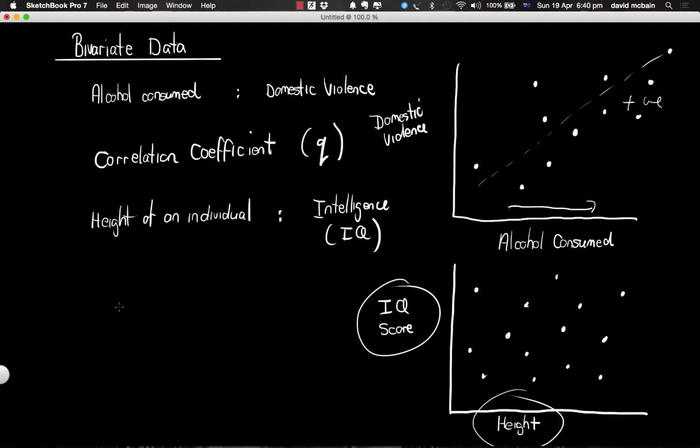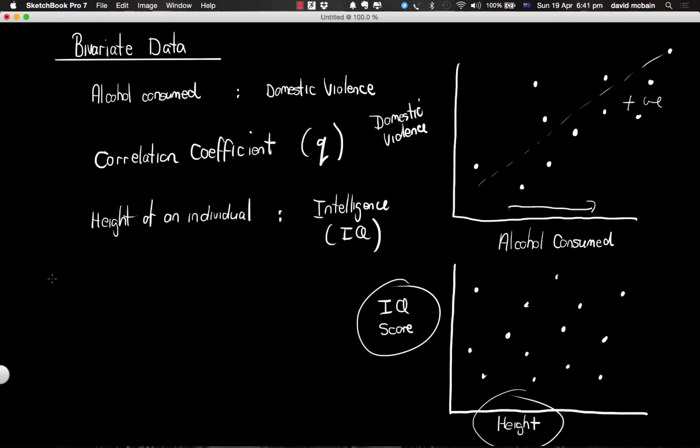We might do a third investigation where we look at the behaviour of P-plate drivers, and we might actually get the police to deliver statistics on the survival rate of car accidents and the speed with which the car was travelling when the accident occurred.